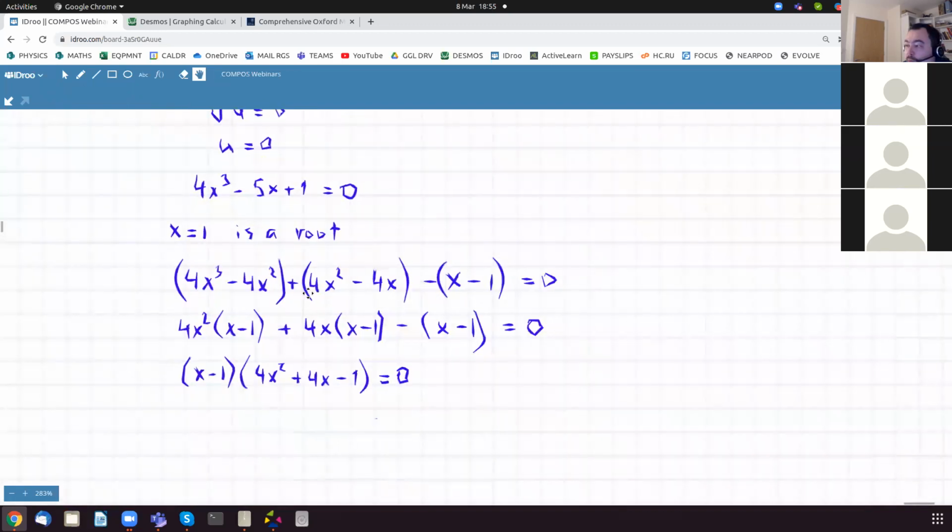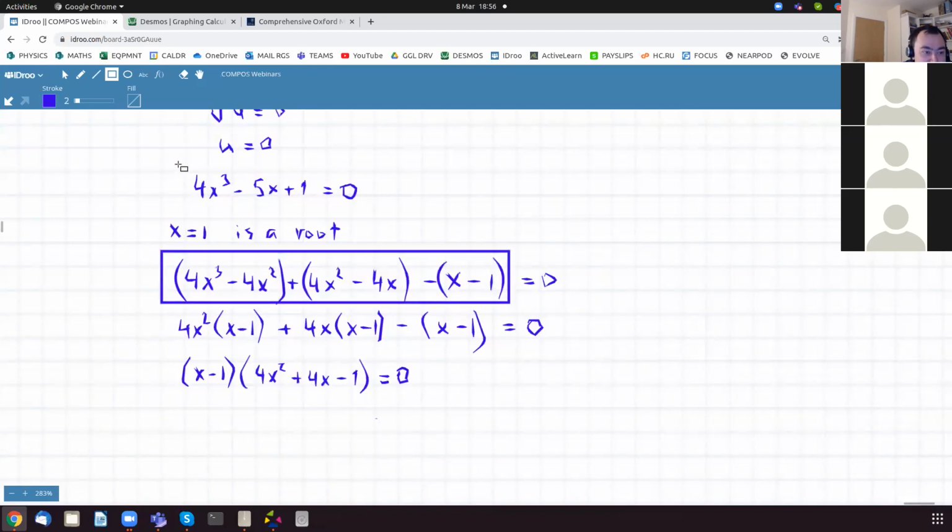So what I am doing here is I'm splitting. I know that x minus 1 has to be a factor because x equals 1 is a root. So I make it a factor. I group the terms in such a way that x minus 1 is a factor, because you can clearly see that this expression and this are equivalent.